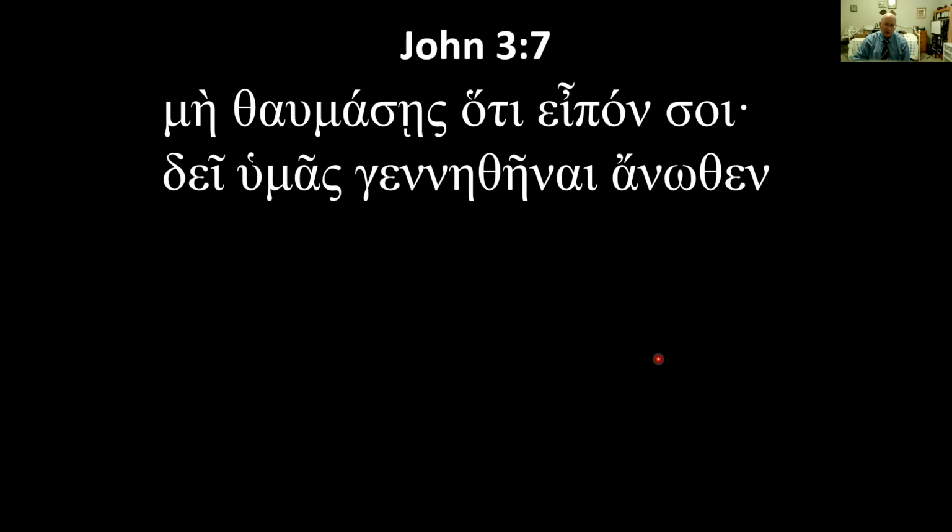Anothen. Anothen has two meanings. Again is one, and the other is from above. And it's evident that Jesus is talking about being born from above, receiving life from God.